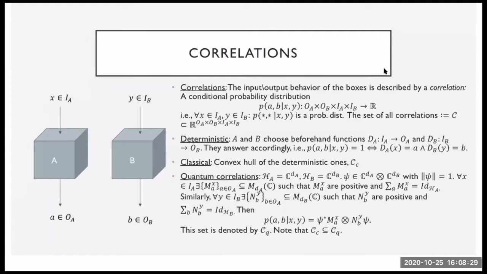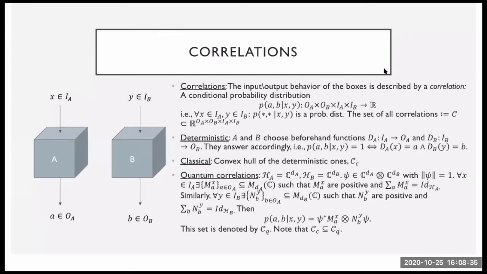So if you fix the sizes of these four sets, the input set to box A, the input set to box B, the output set of box A, and the output set of box B, you have already fixed some Euclidean space R to the OA, OB, IA, IB, and all correlations live inside this space.